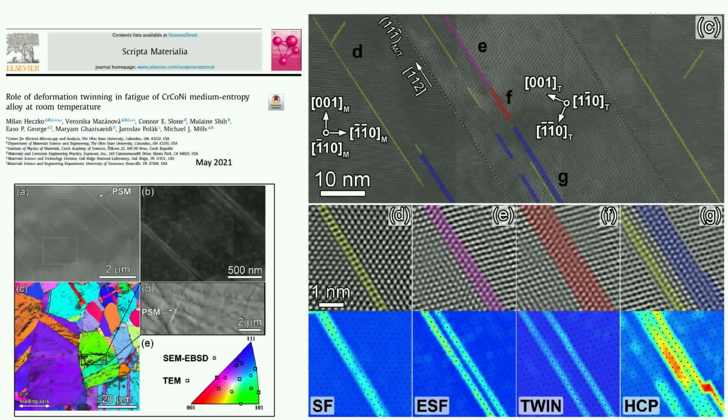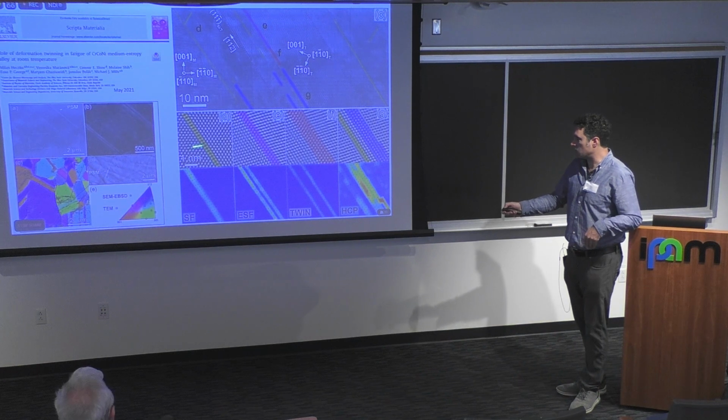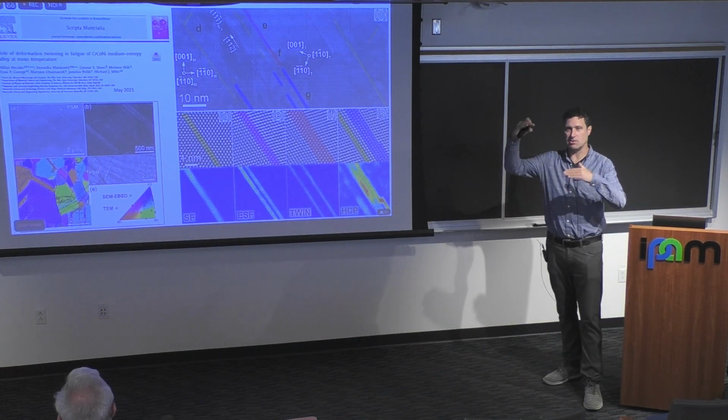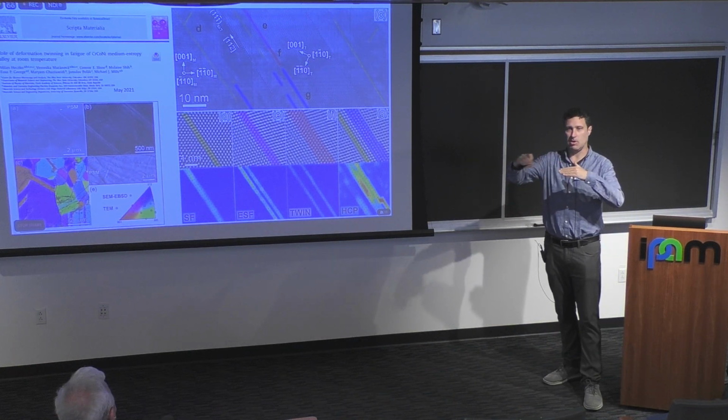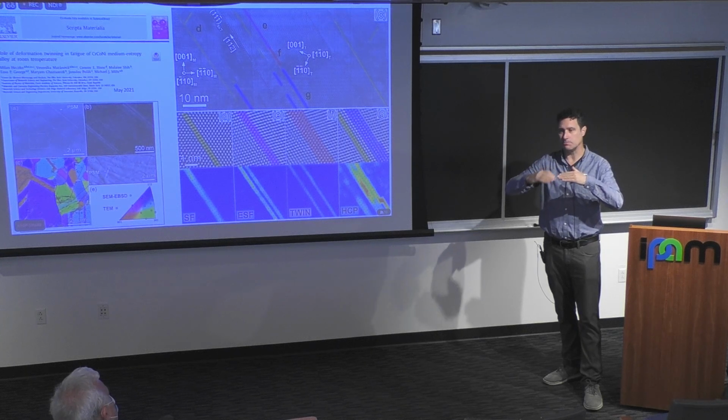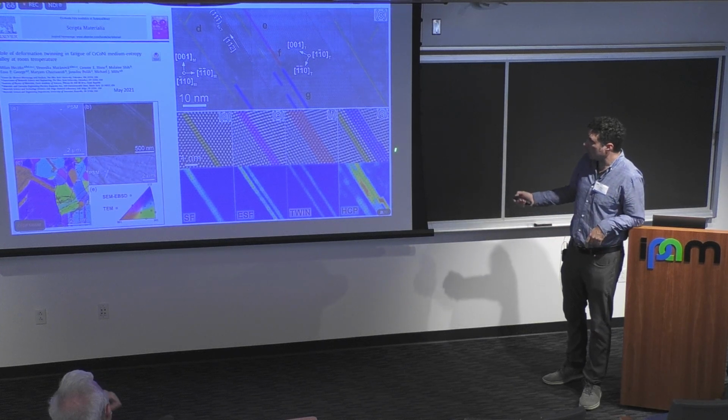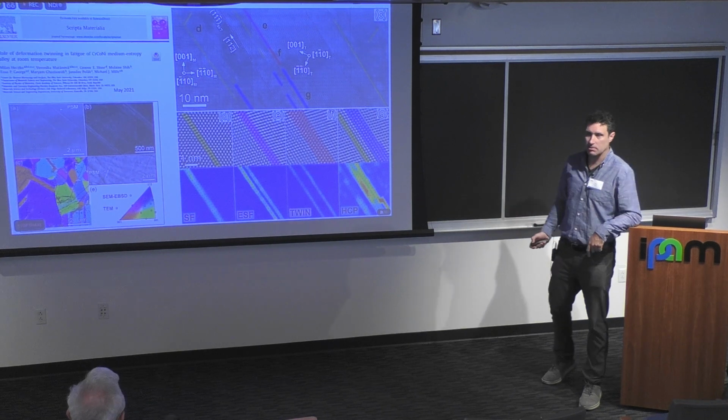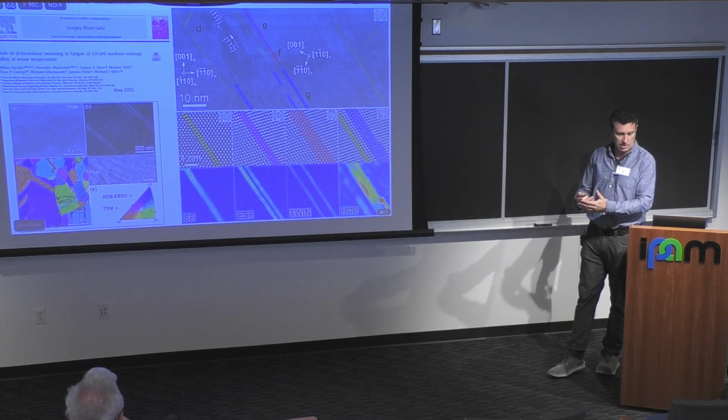So you can have a single stacking fault, an intrinsic stacking fault, you can have an extrinsic stacking fault, you can have a nano twin, you can have little bits that you can characterize as HCP. These are all variations of the same thing, how you change the stacking, one partial dislocation at a time. And all of these are very good barriers, very good for work hardening.